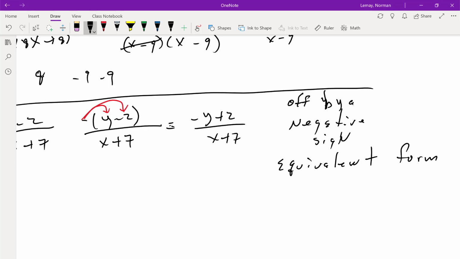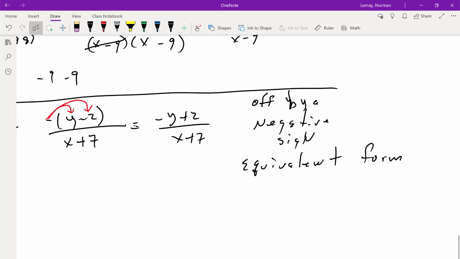Let's just note that that's 1. And then the other says that I could just take these two and reverse them. So I get 2 minus y divided by x plus 7. And this guy here is the second form.